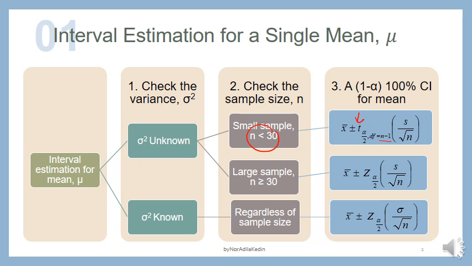If the population variance is unknown but the sample size is large, which is 30 or more, you have to find your critical values from your normal distribution table.